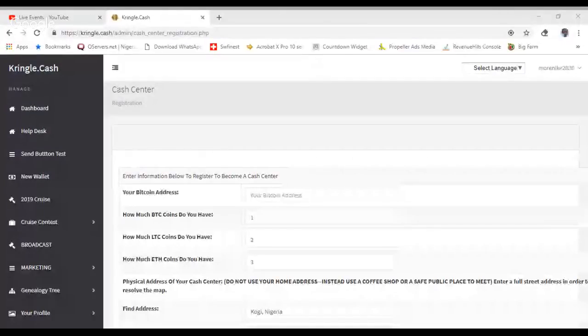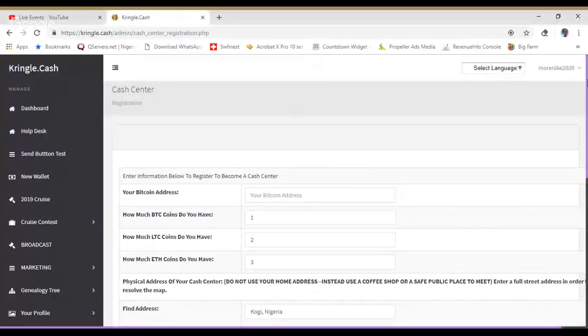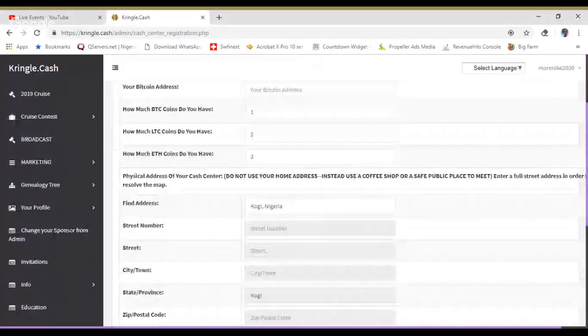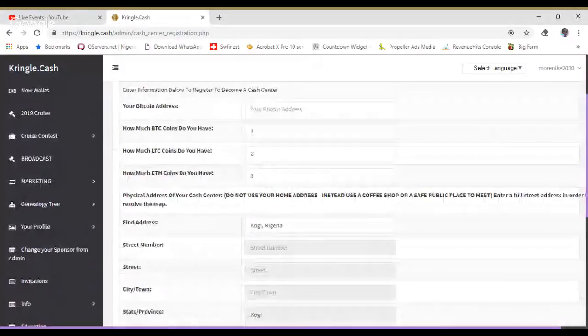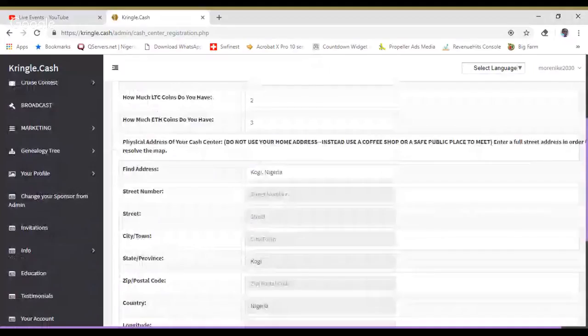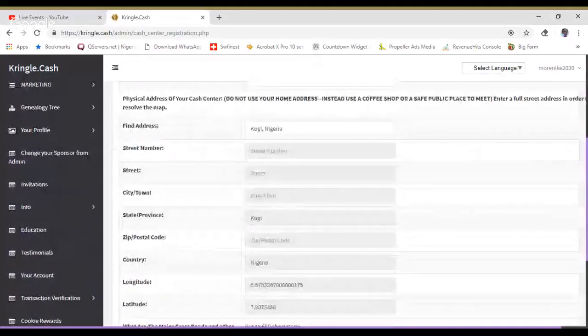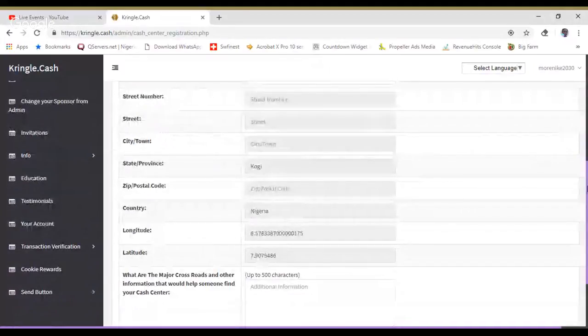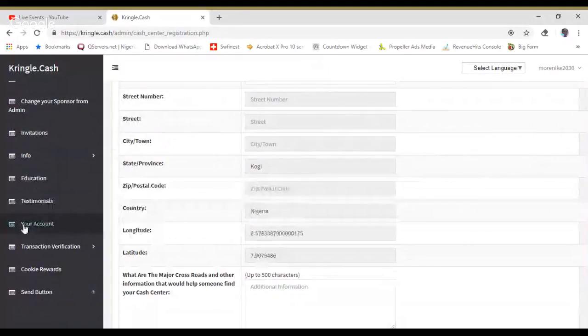So, as you can see, when you want to locate a car center, you come down to your account. You click on your account.